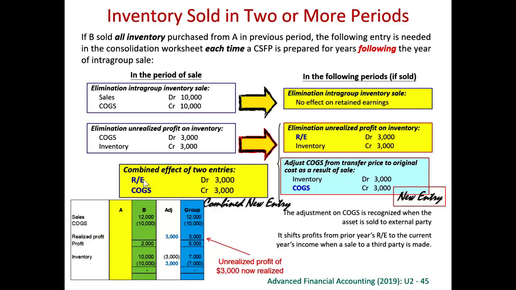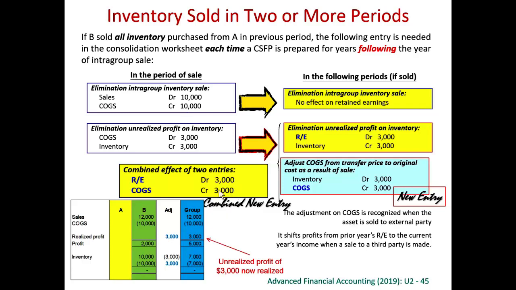How to interpret this journal entry? Debiting retained earnings means last year's profit should go down. Crediting cost of goods sold means the profit for the current year should go up. We think that last year's retained earnings should go down because it is an unrealized profit last year, and this inventory has been sold in the current year, so the profit has been realized in the current year.